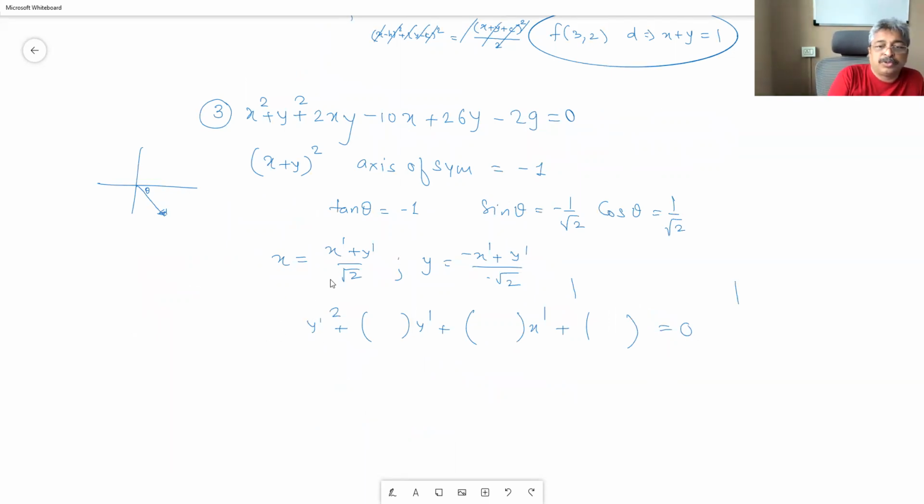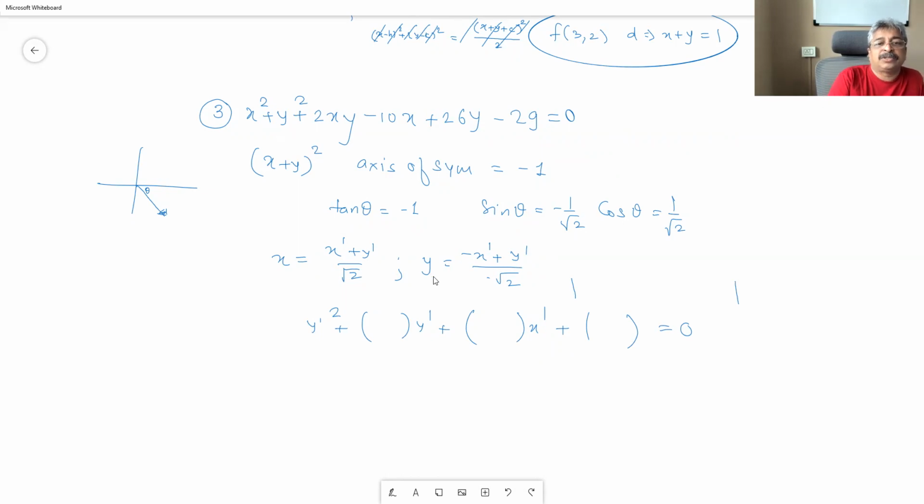Okay, so if you substitute, this is x dash plus y dash. Shall we try to do it? x dash square is going to get cancelled, sure. The xy term is also going to get cancelled. Therefore, let us do the coefficient of y dash square.